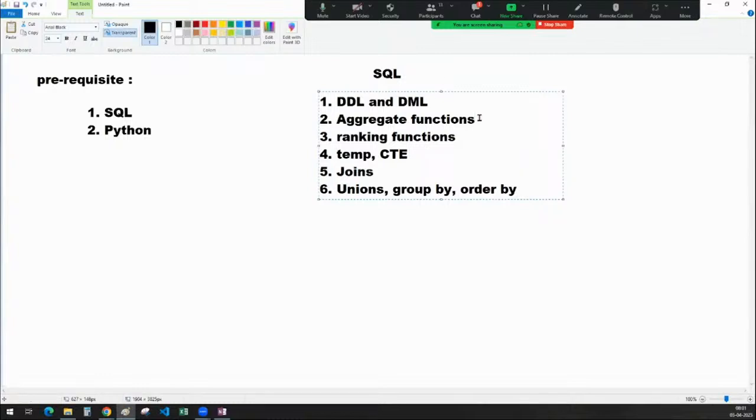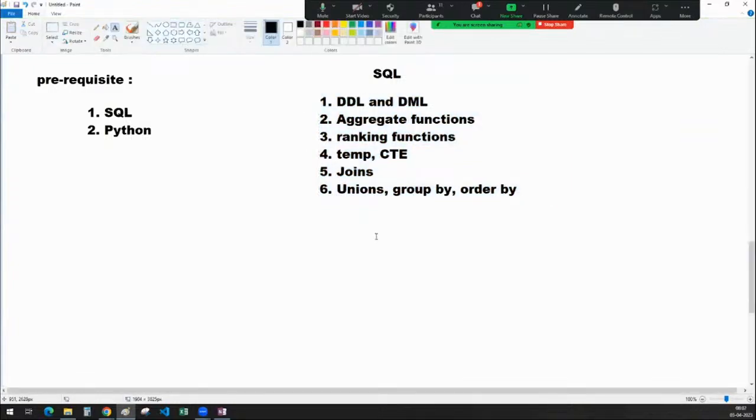In aggregate functions: min, max, count, all of those. Ranking: row number, dense rank, rank function. And temp tables, CTEs, joins. You should know at least inner join, left join, right join. That is enough. Unions: union and union all. Group by, order by. I think this is enough for SQL, guys. If I remember anything, I will tell you.